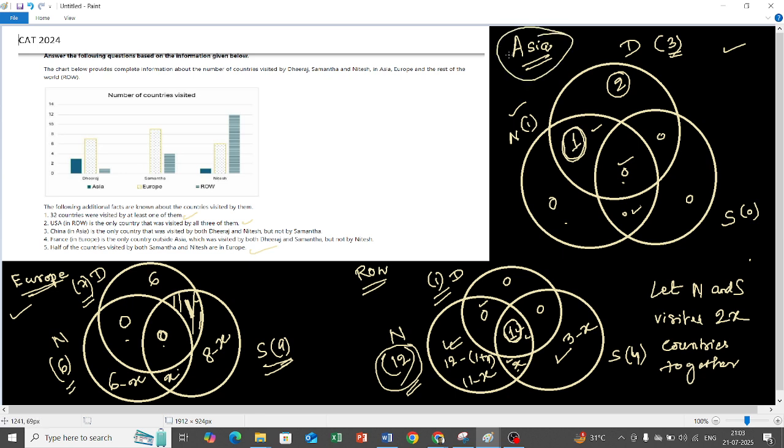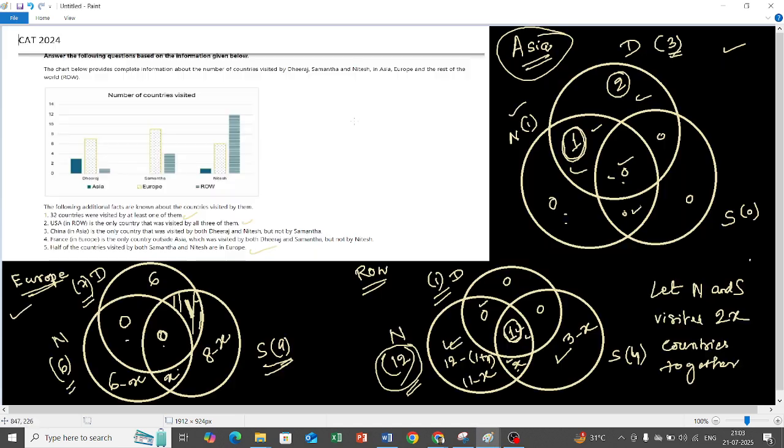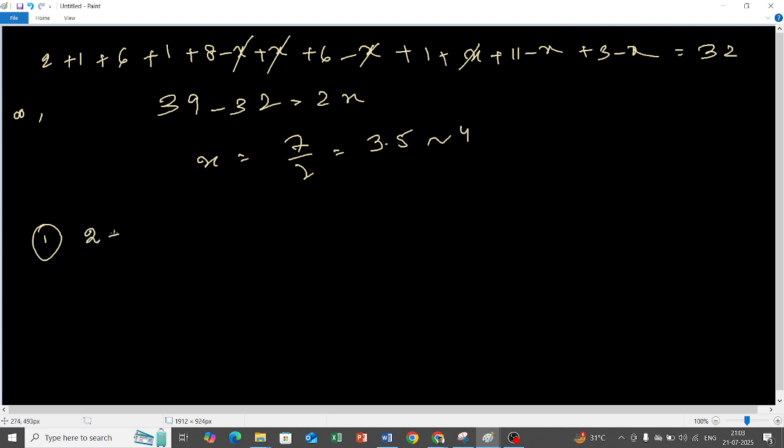Now it is given at least. At least means union, right? At least means adding all these values. That is what union is. So if you add all of them, what do you get? 2 plus 1. You see there is 2 over here and there is 1 over here. So 2 plus 1, that is 3. Please tell me, have you understood this?